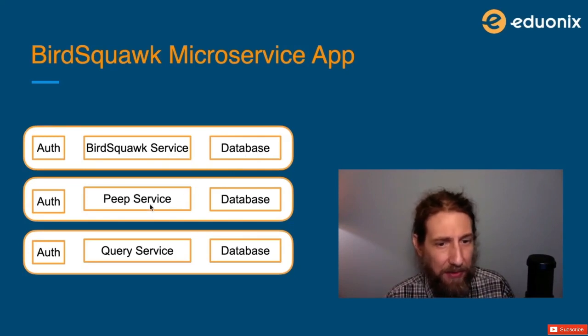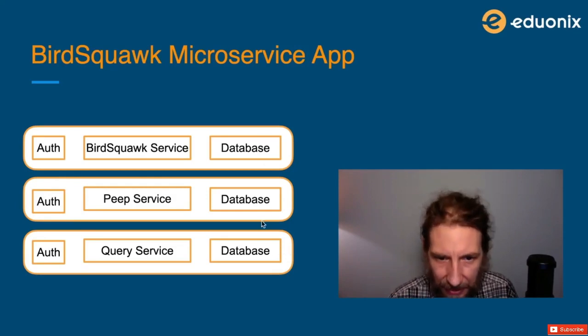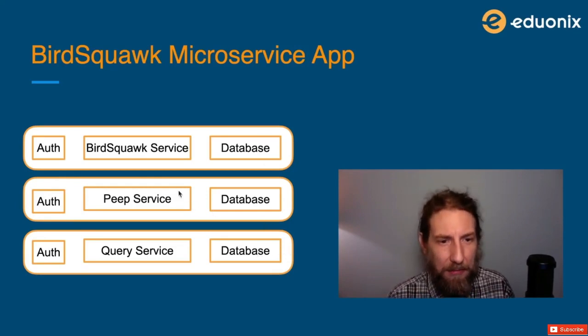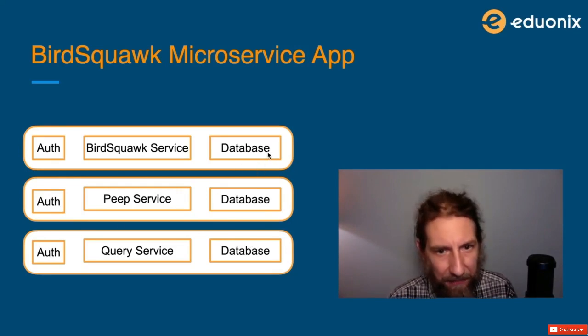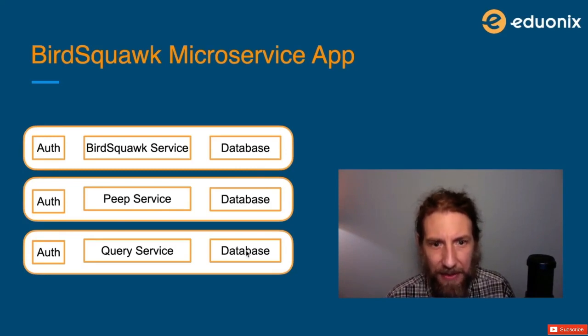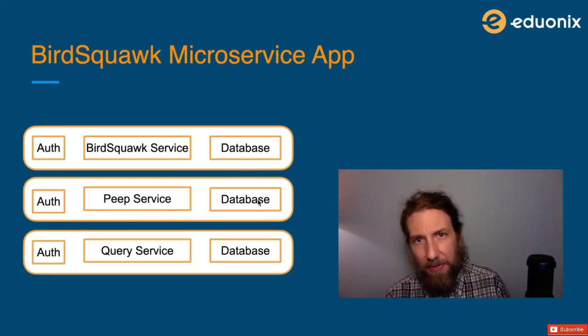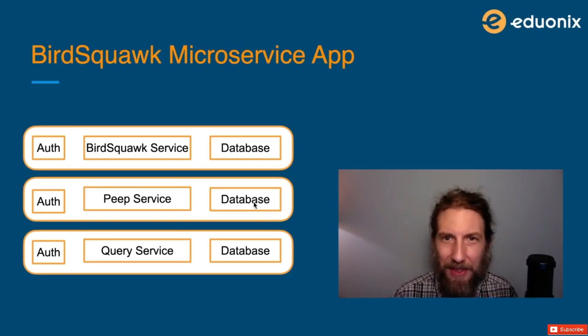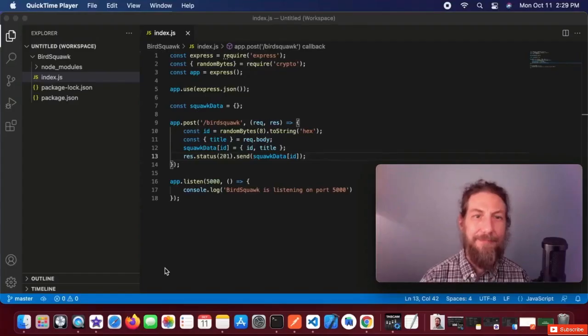The same with the Peep service. It needs its own database and middleware, and the query service. So they're not going to share any database or any other part of the app. And that way, if something fails on one microservice, it's not going to affect the other microservices, and your app will still be able to work. So let's get back to coding.